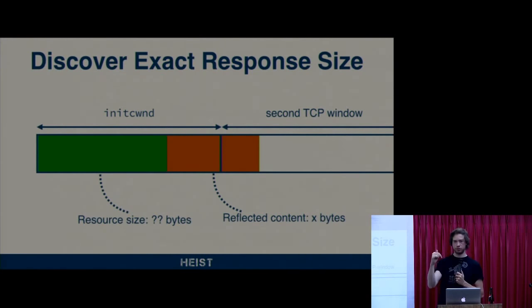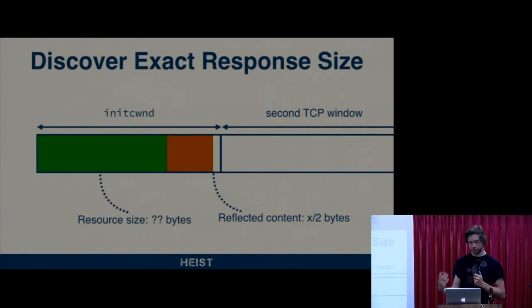As we saw before, you requested this URL, and because the content is determined by the attacker, he can choose exactly how many bytes are used there. So that's a part that is known. Then he tries to determine whether the complete response, so the green part and the orange part, fit into a single TCP window. He notices that it doesn't, so then he reduces his X bytes, so he divides them by 2.